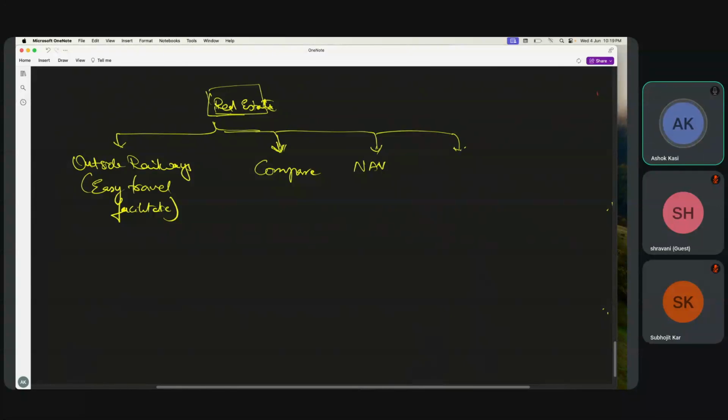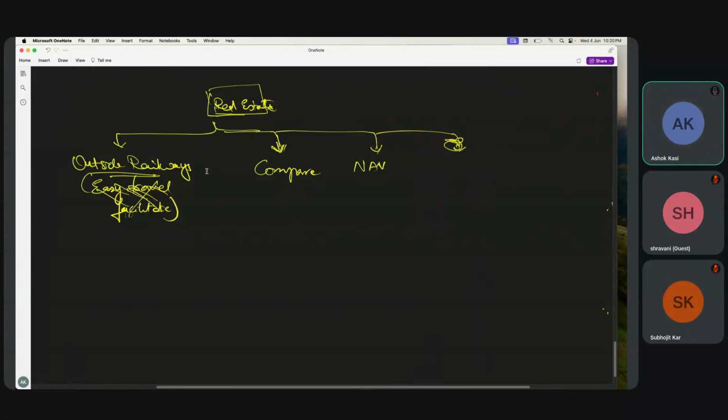Imagine another way. It is not only the easy facility, but also the easy facility. If I put one small shop over here, the turnover can be very high, like outside railways, hospitals, schools, colleges.